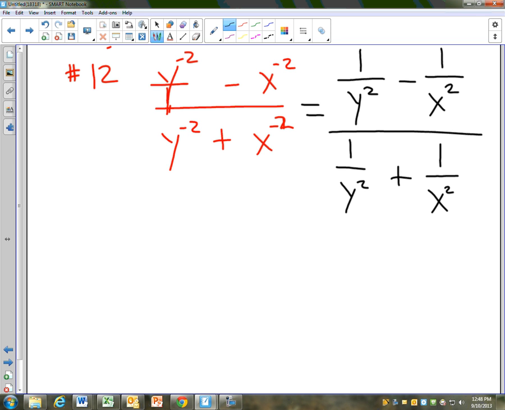Okay, well, we're going to see something that works out here. But right now, nothing cancels. What's going to be the common denominator in the top? Very good. What's going to be the common denominator in the bottom? X squared, y squared.